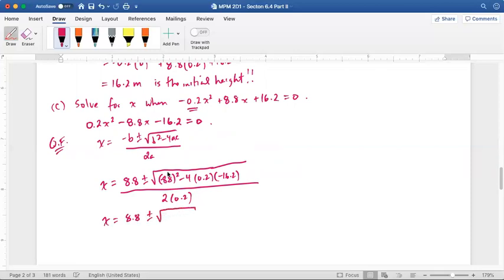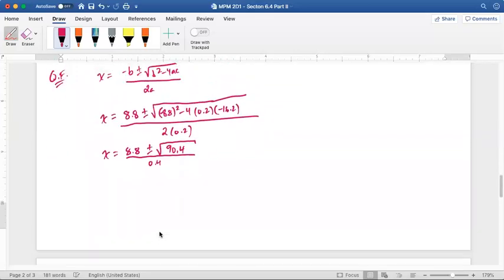If I do this correctly, inside this radical, or radicand, will work out to 90.4. Make sure when you do this on your calculator, you put this negative 8.8 in brackets when you square it. Otherwise, you're going to end up with some wonky things happening with your calculator. And this, of course, is all over 0.4.